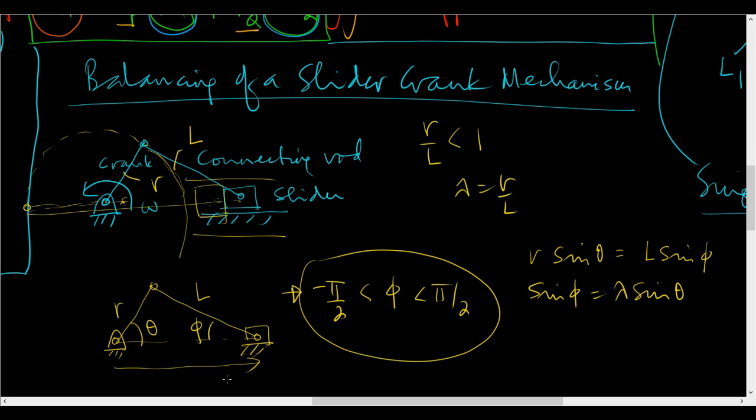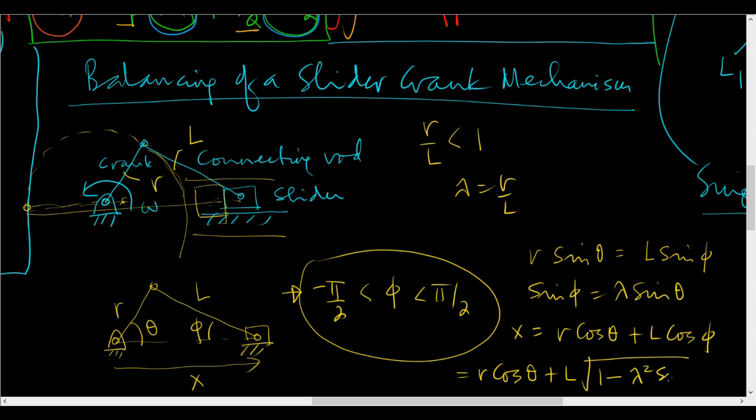Now this distance x is equal to R cos theta plus L cos phi, which we can write as R cos theta plus L square root of 1 minus lambda square sine square theta. Okay, now why is it plus? Because this cos phi doesn't change sign, so there is no problem.